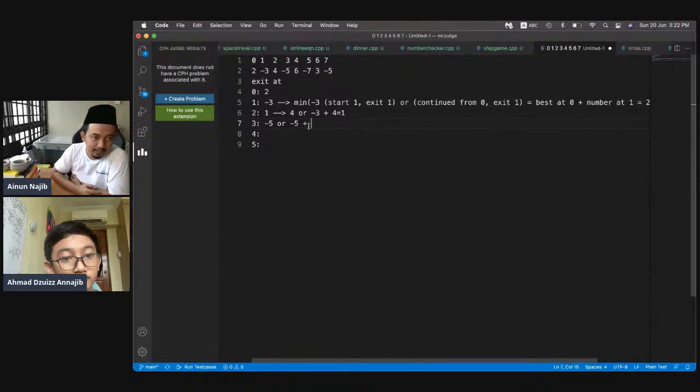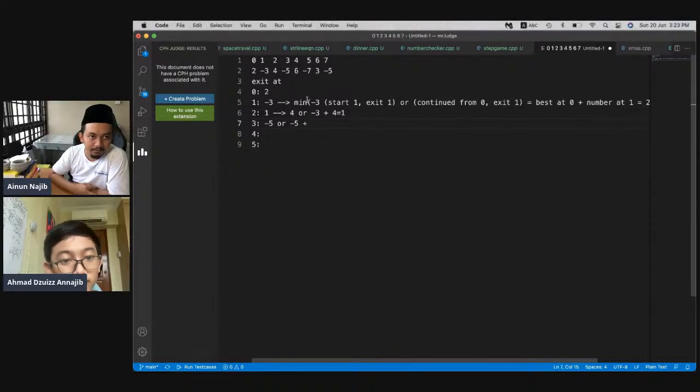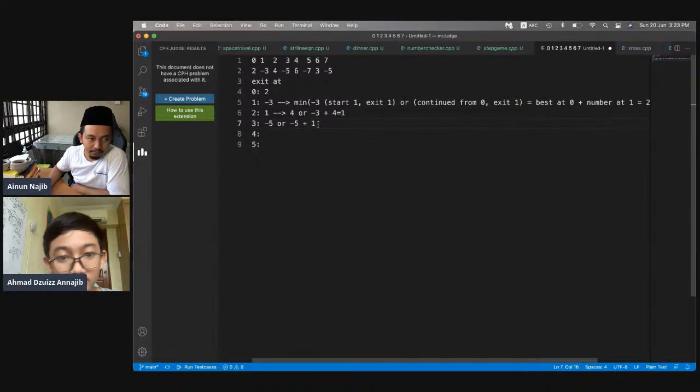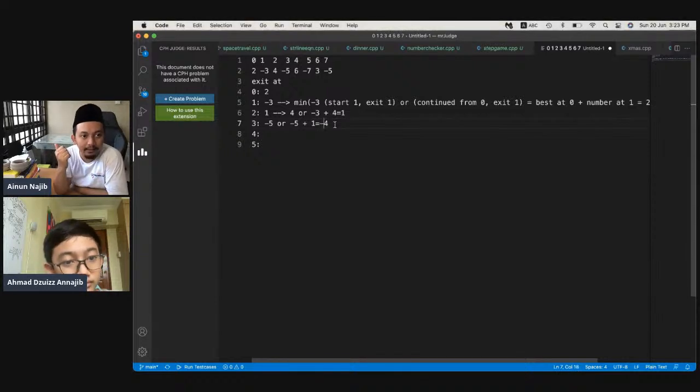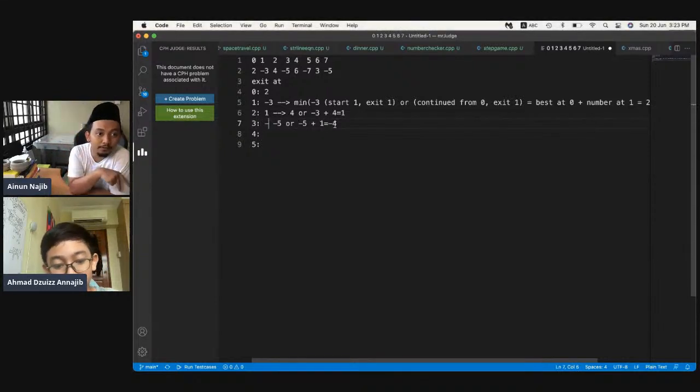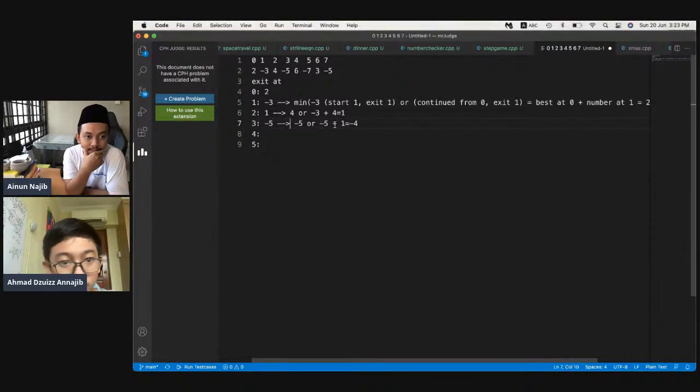You cannot go behind already. You cannot jump. You don't even look at -3 anymore. It's already past. Yeah, you are now at, you want to exit at 3. That means your option is you start from 3 and exit at 3, or you actually continued from 2 and then only exit from 3.